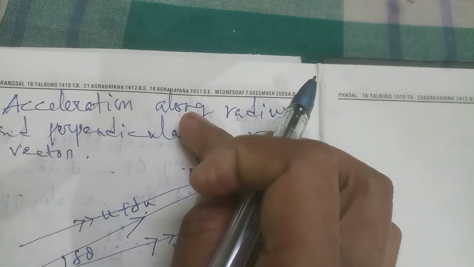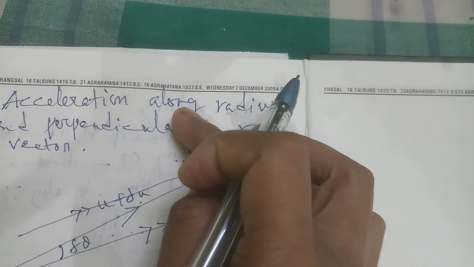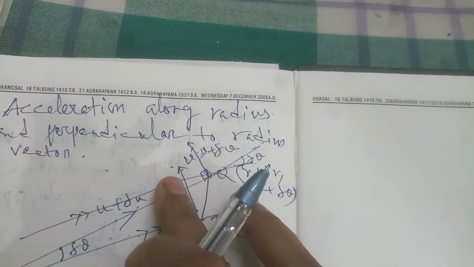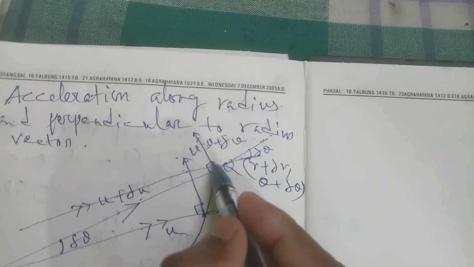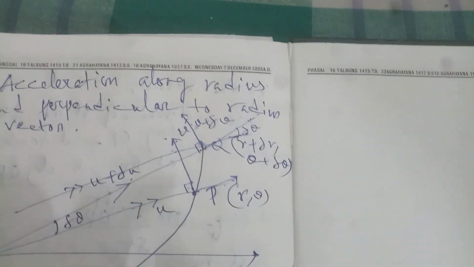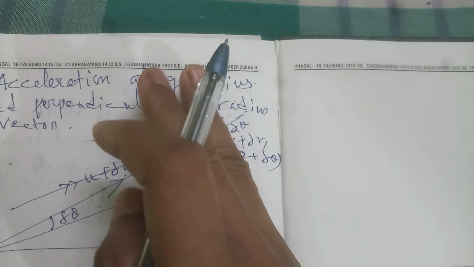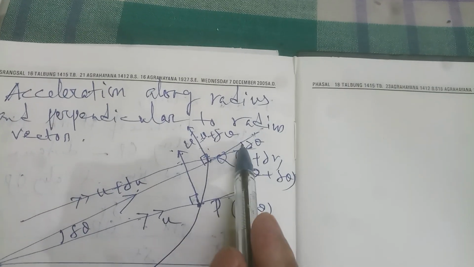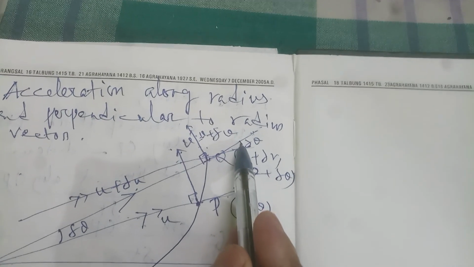Now again, there is a perpendicular velocity, and this also has a component parallel to OP, so we have to project it. If we project along OP, it will be in the opposite direction, and the angle is 90 plus delta theta. Cos of 90 plus delta theta is minus sin delta theta.